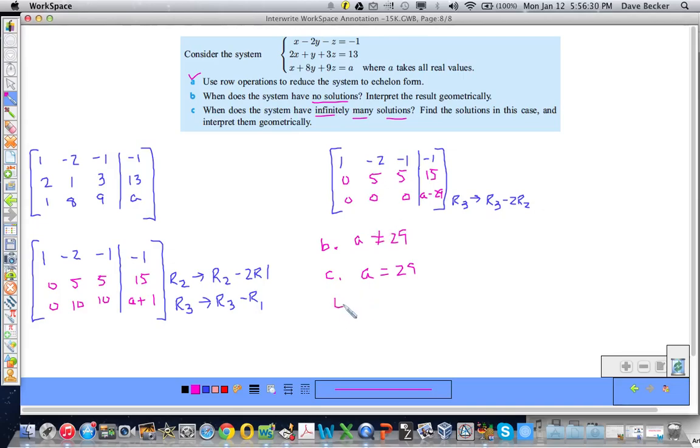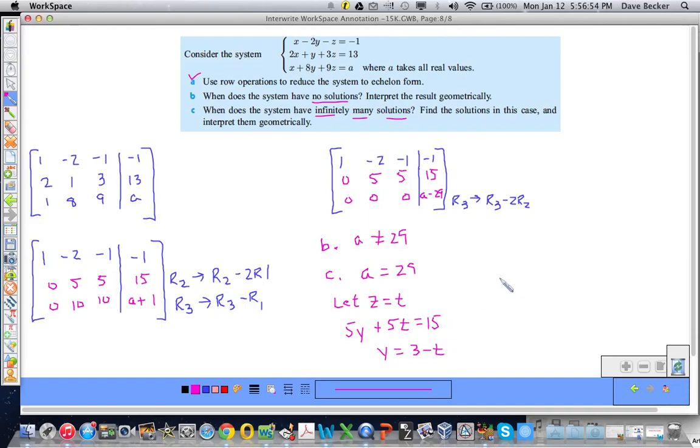So we're going to, again, let z equal t. Then row 2 would be 5y plus 5t equals 15. And we would solve, and we would get y equals 3 minus t. Okay.